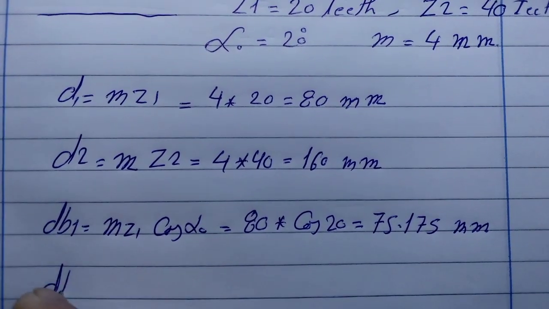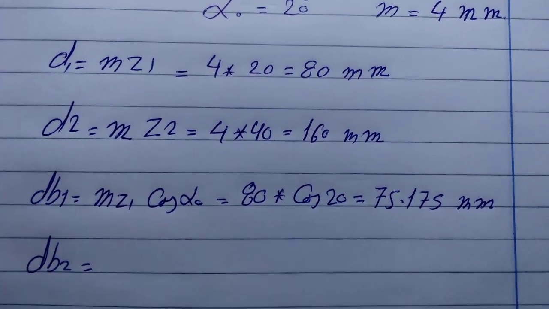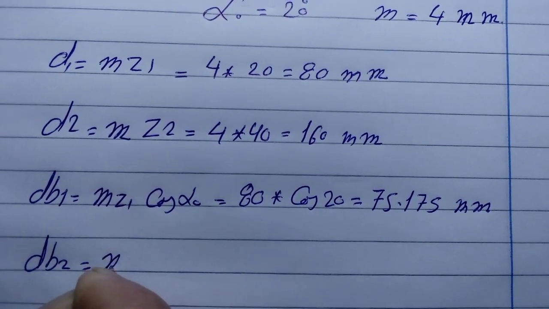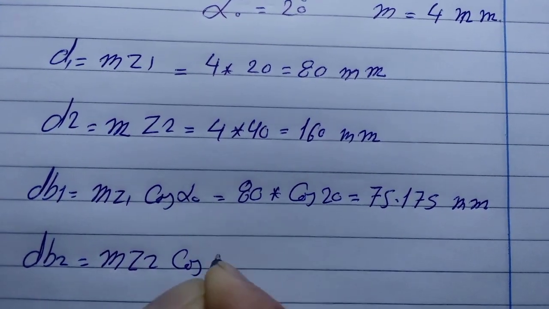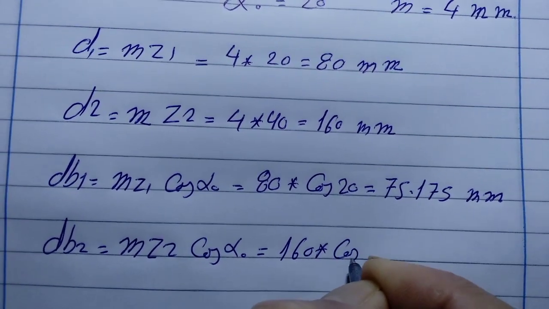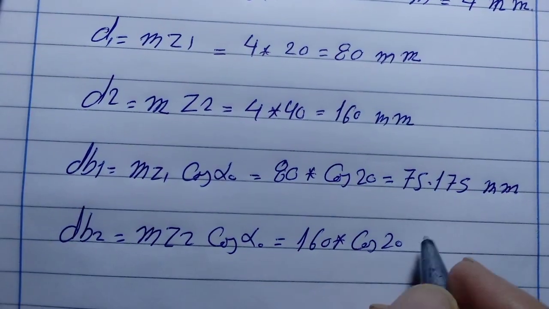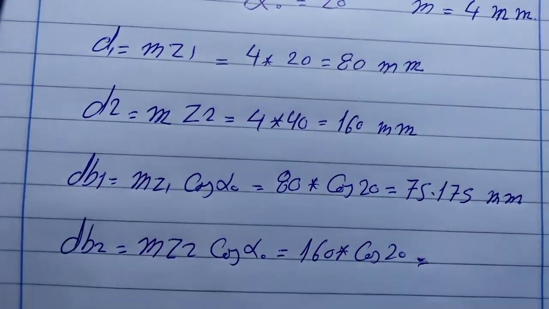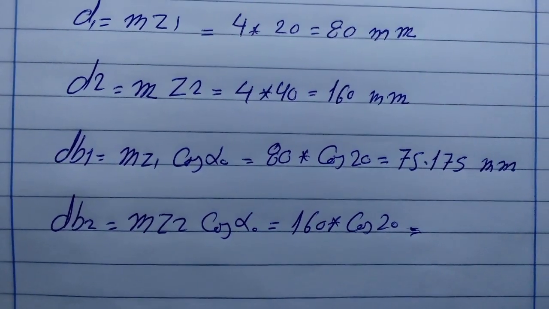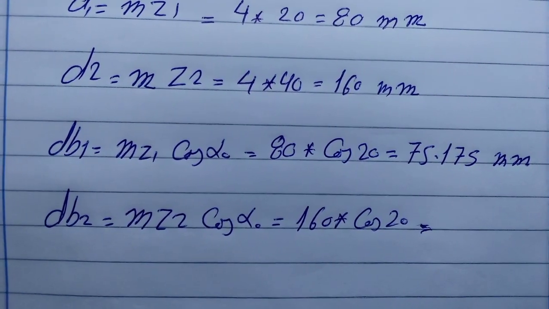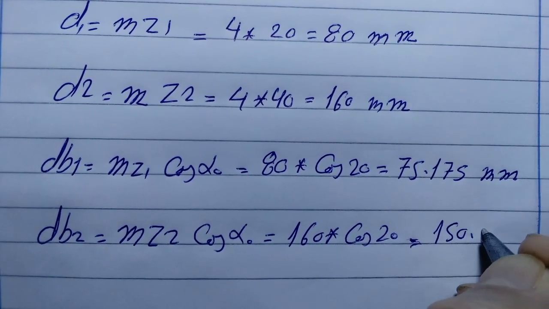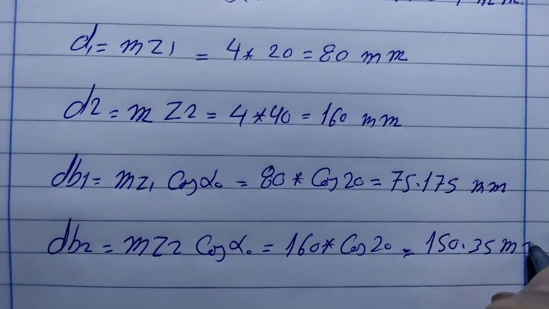Okay, DB2, the base diameter of gear number 2, is M Z2 cosine alpha naught, equal to 160 multiplied by cosine 20, of course this is double of this, equal to 150.35 millimeter.